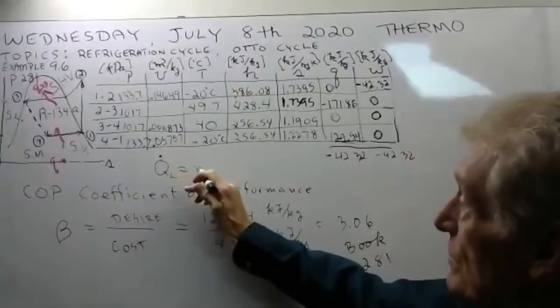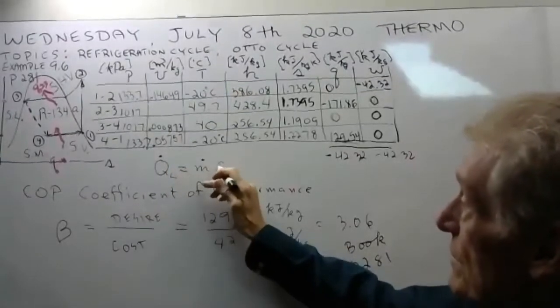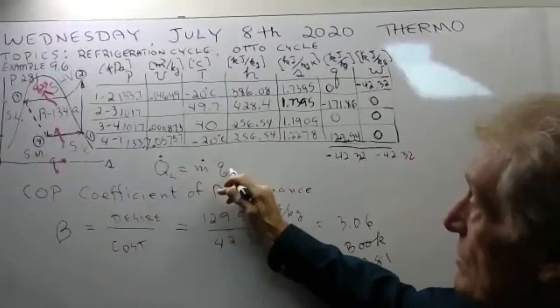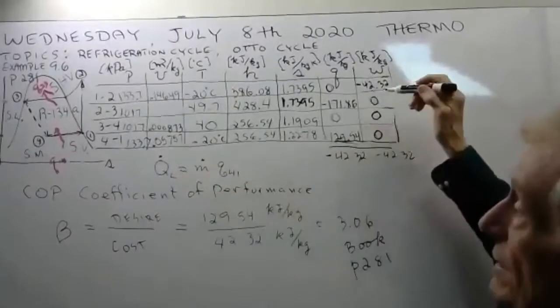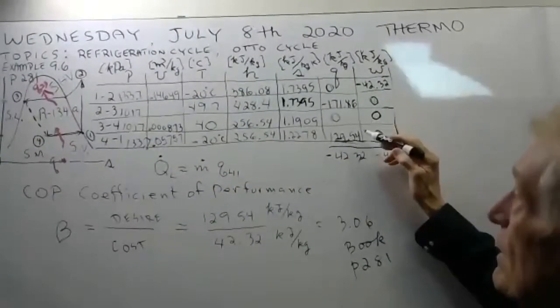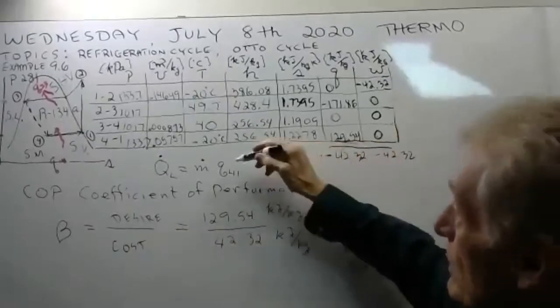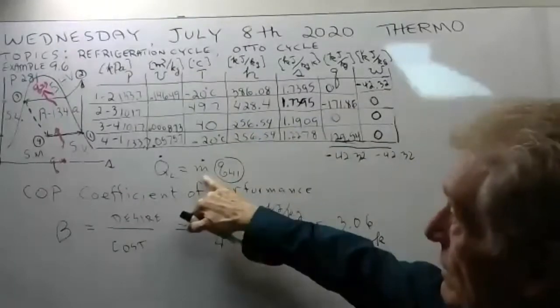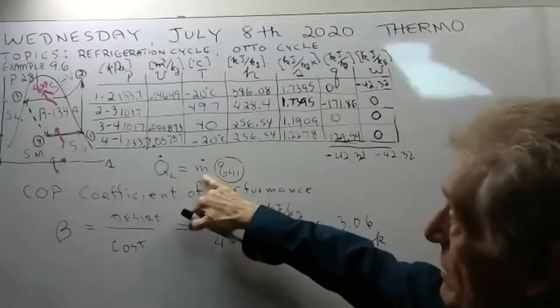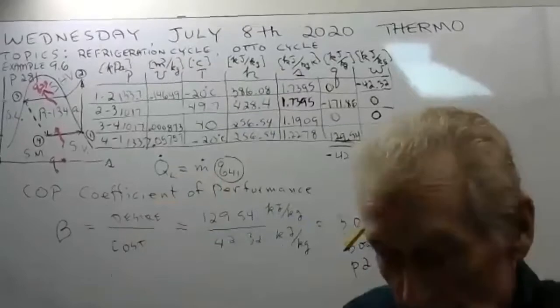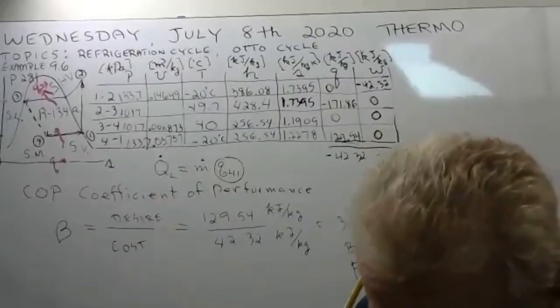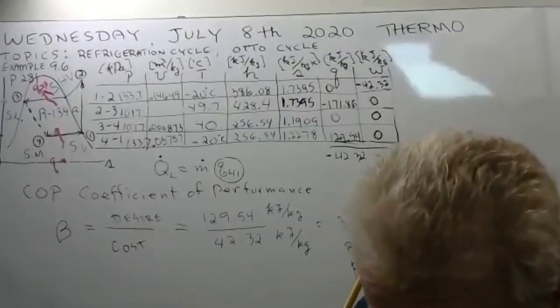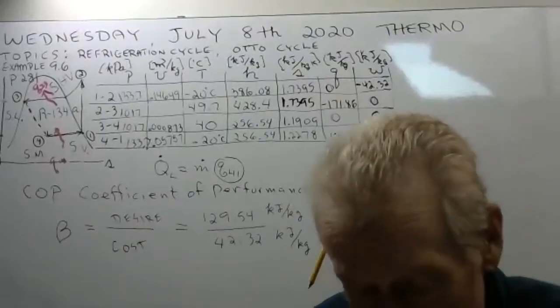Now this is equal to m dot times little q, in this case, little q41. Well, we got little q41. It's sitting right here. We know what that is. If we could only get the mass flow rate, we could find that. But if you read the problem, do they give you the mass flow rate? Yes, they do. Look here.